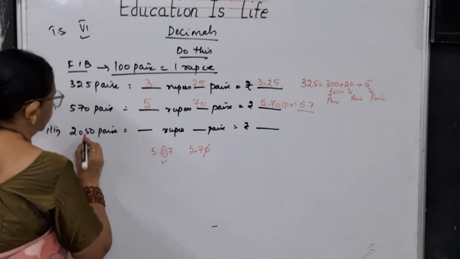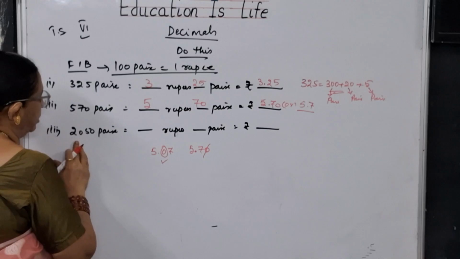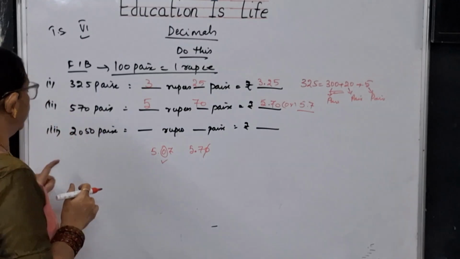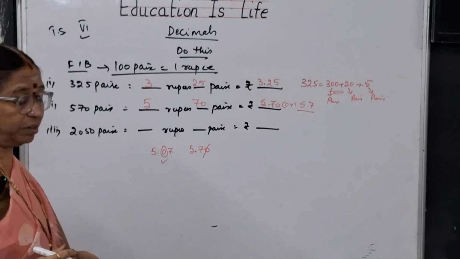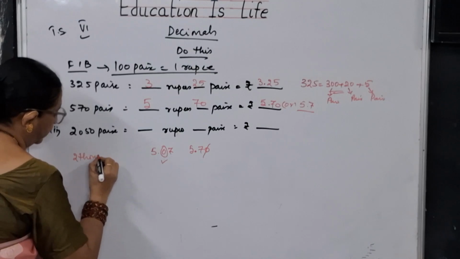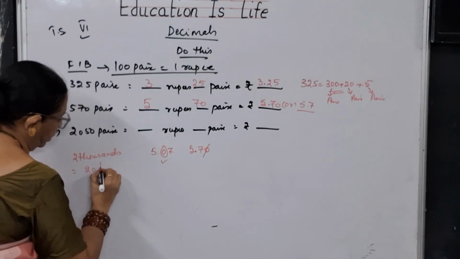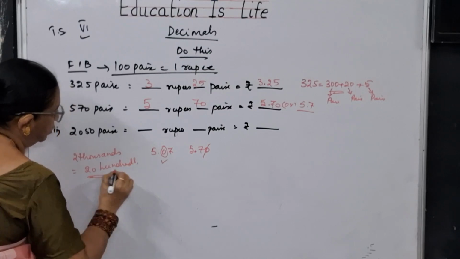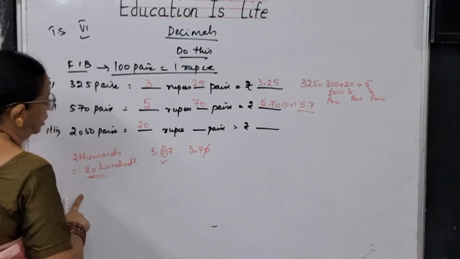Okay. Now this is 2050 paise. 2000 means what? In hundreds place 0, but in thousands place 2. 2000 can be written as 20 hundreds. So 20 rupees.